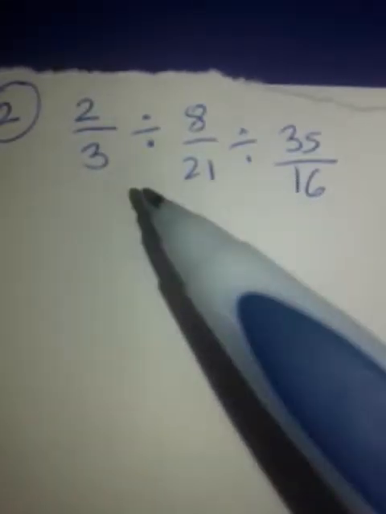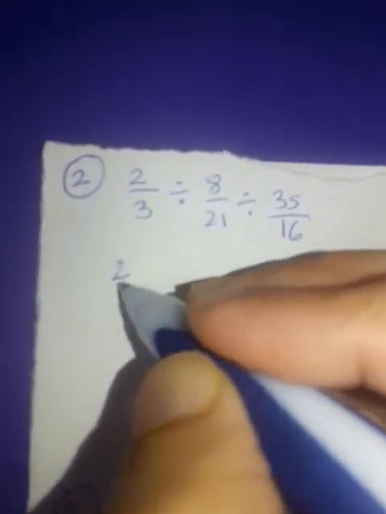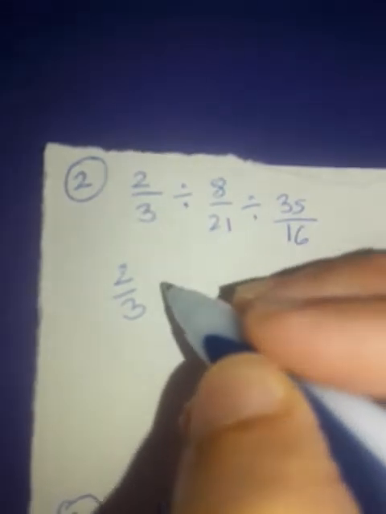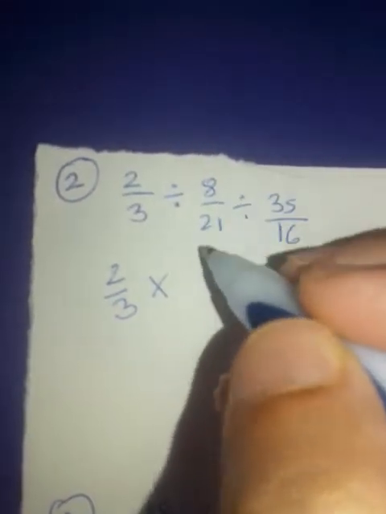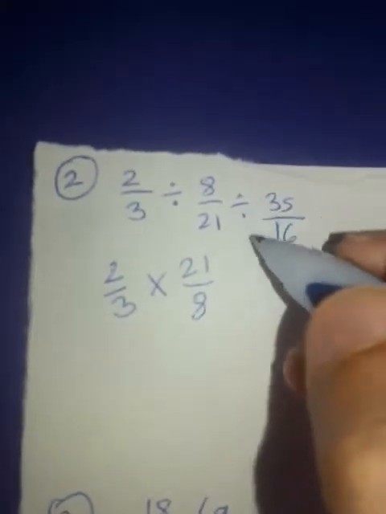When you have something like 2 upon 3 divided by 8 upon 21 divided by 35 upon 16, convert both of these divisions to our normal multiplication as per our rule. First, the division is converted to multiplication, and this will be the reciprocal.